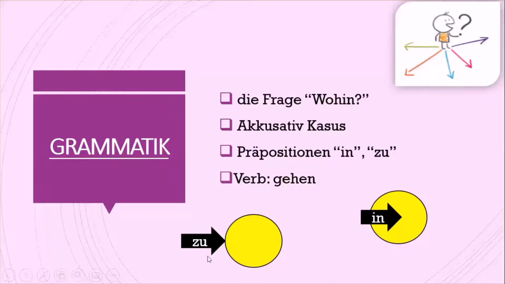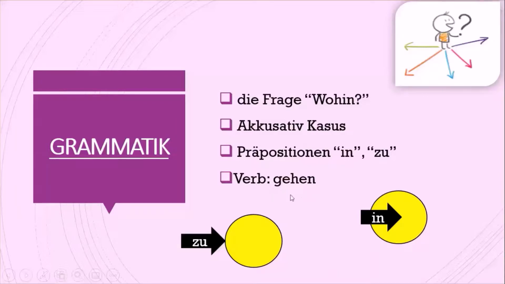So zu is only used in German when you are describing motion, but the motion to get to a certain place, not to enter it. When you are going to describe entrance into that place, then you will use the preposition in.